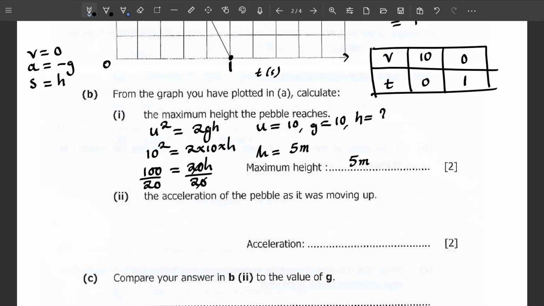Okay? Then Roman numeral 2, they are saying the acceleration of the pebble as it was moving upward. If I am to think well, the acceleration must be 10 itself.